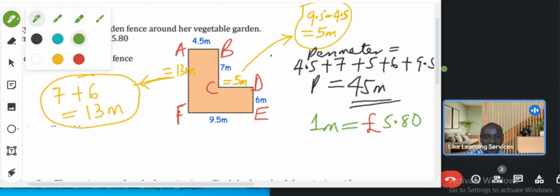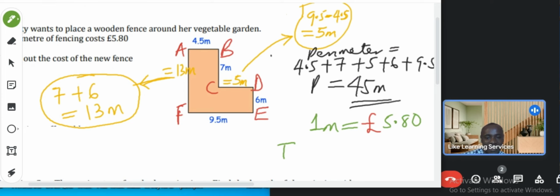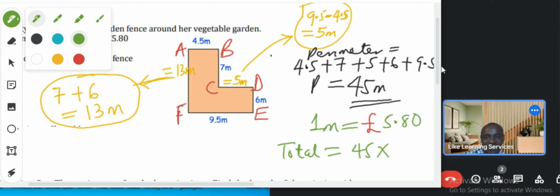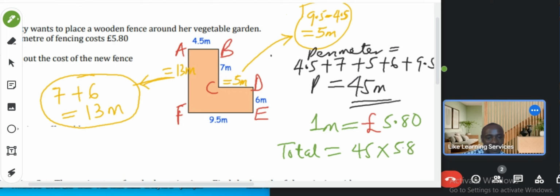So everything now, the total will be 45 times 5 pounds 80. So it should be times. 45 times that will give us the answer. Did you get that? Yes.